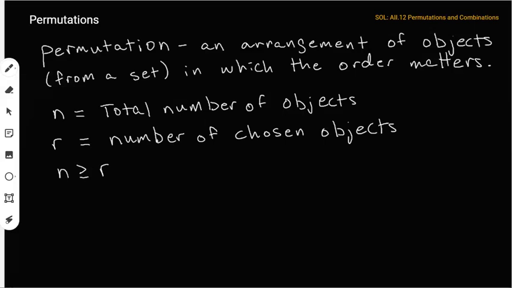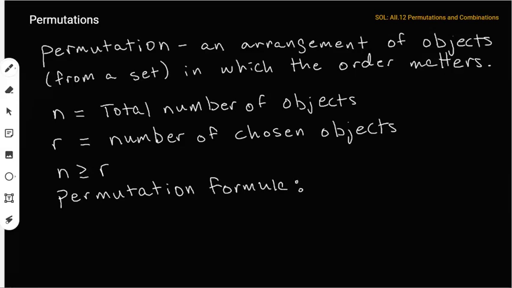So once you know what n is and what r is, we can put it into the permutation formula. So here is a quick formula that we're going to go over. I like to call this the permutation formula.